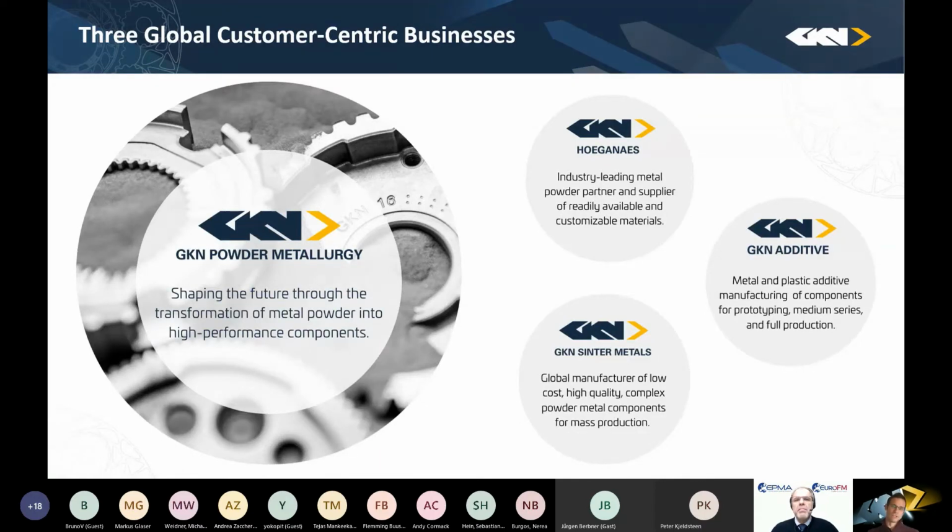Then we have the GKN Sinter Metals division, where we produce the parts out of the powders. And finally, the newest element of our division is the GKN Additive Group, where we essentially handle all the different additive manufacturing technologies, starting from plastics over metals to special materials as well.